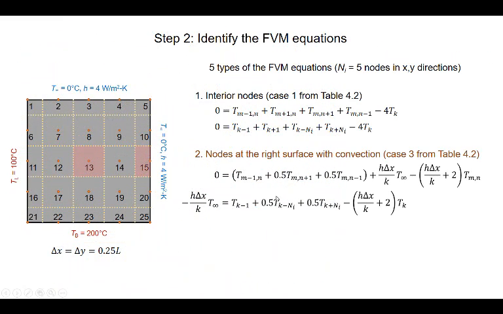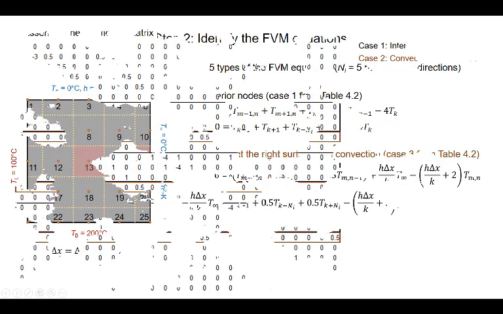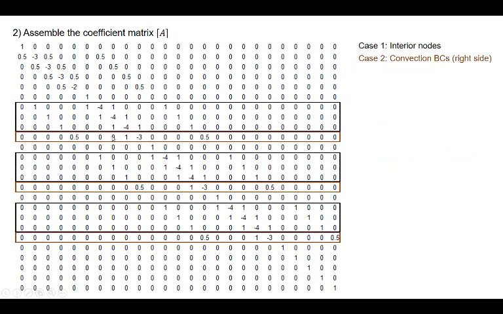Here we should see 0.5s for 2 neighboring nodes, a 1 in one neighboring node, and a -3, because h delta x over k is equal to 1. We see 2 0.5s, a 1, and a -3 on the main diagonal, because that is the node of interest.